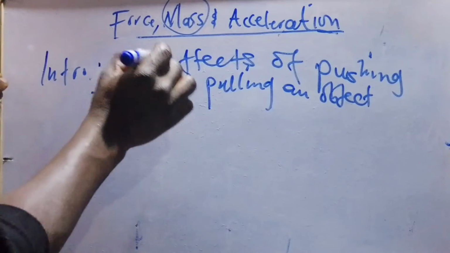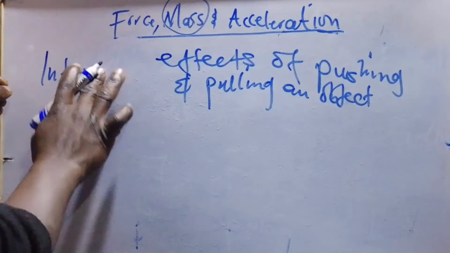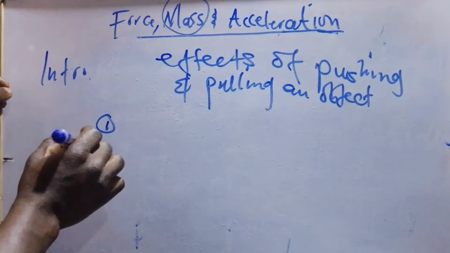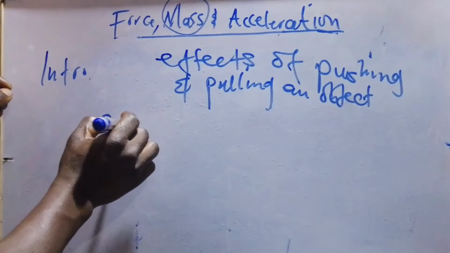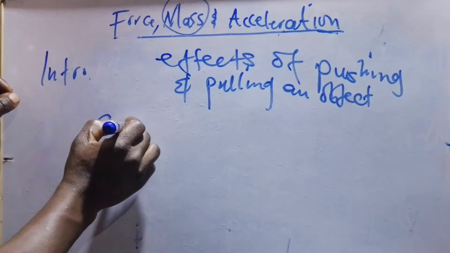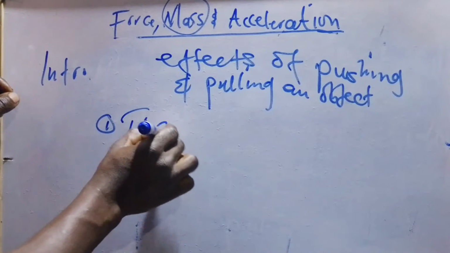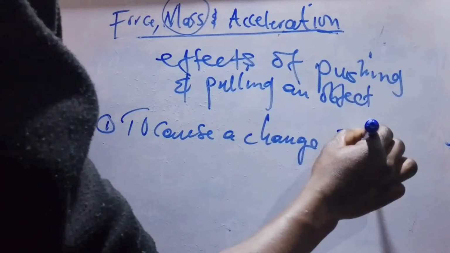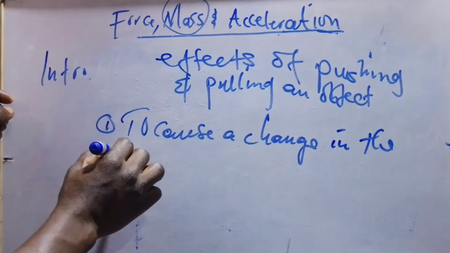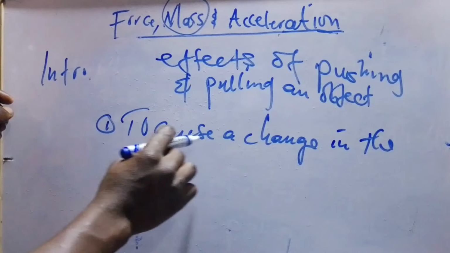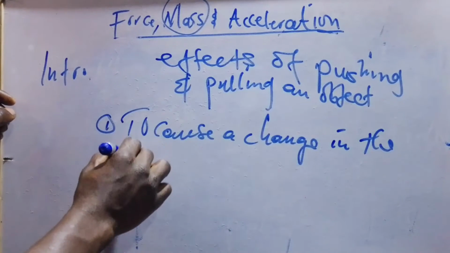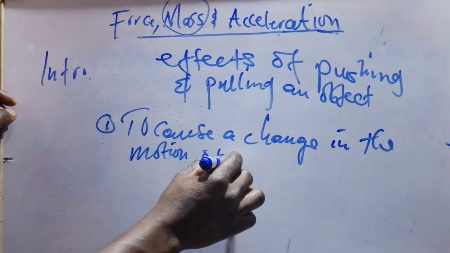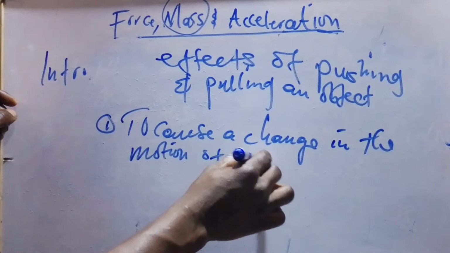So the first effect is to cause a change in the motion of an object.